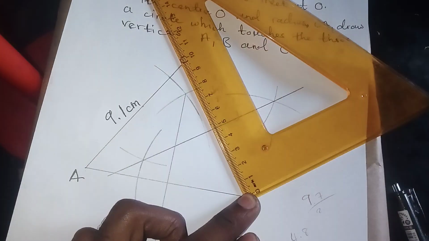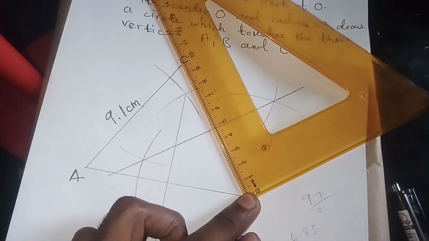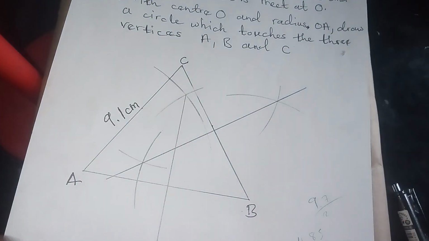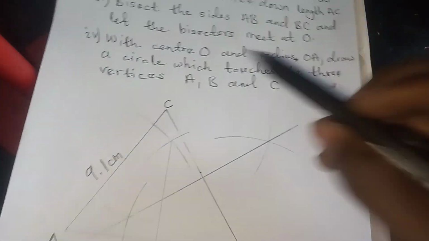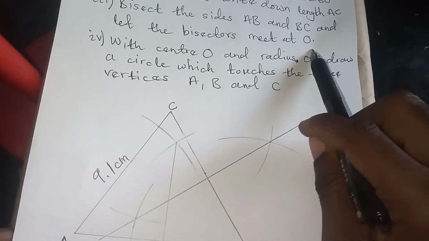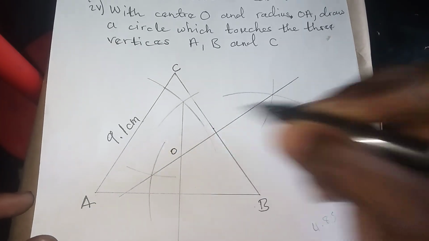Yeah, so this is okay. I know this should be 4.85. Yeah, but this is okay. And then now you are told to let the bisectors meet at O. So where the two bisectors are meeting, you can put an O.